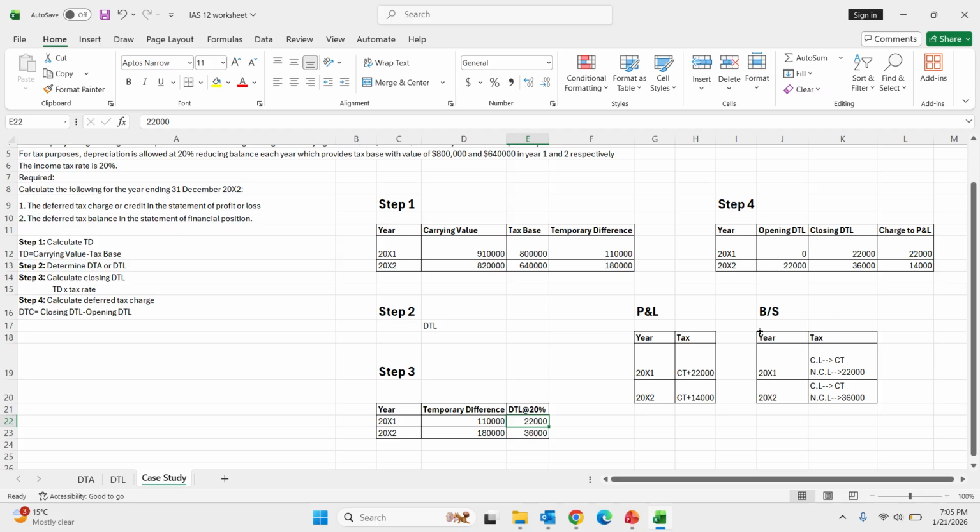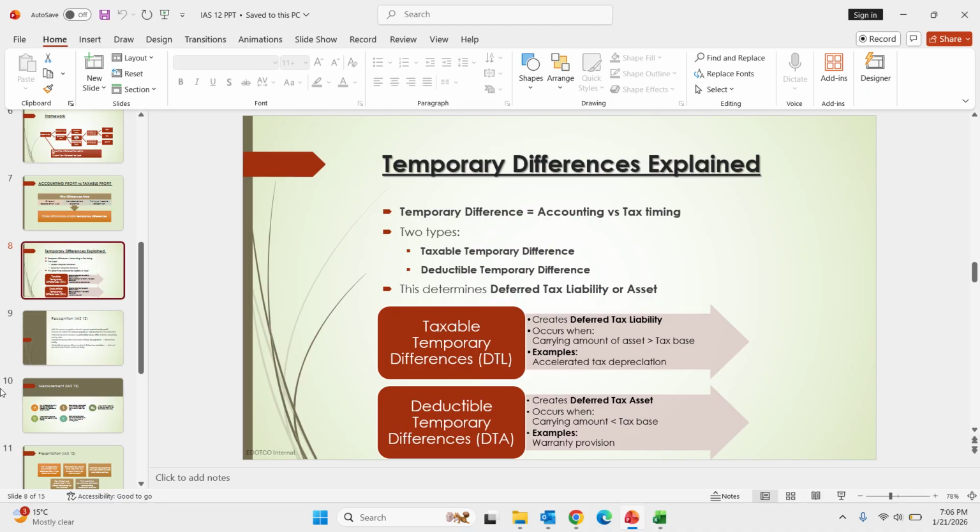And for the second year, again the current tax is a current liability, but in the balance sheet, always remember that the closing amount goes to the balance sheet as a non-current liability. So here we have added the closing amount. Going back, hope you understood the example.